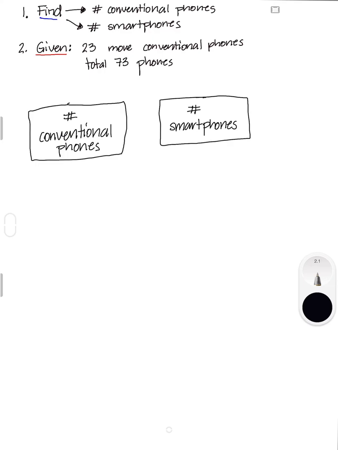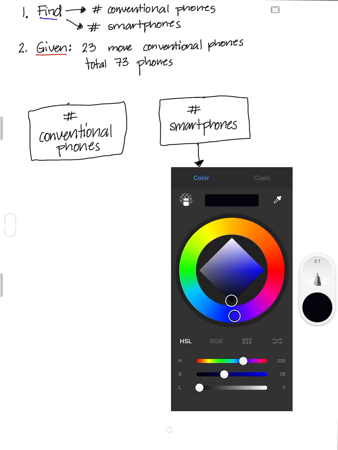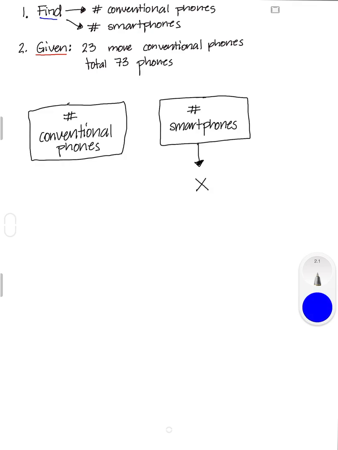So we're going to use a variable to represent that number. Let's say that the number of smartphones will be represented by the letter X, or the variable X. Because the number of smartphones is X, the number of conventional phones will be that X amount plus 23, because we have 23 more conventional cell phones.